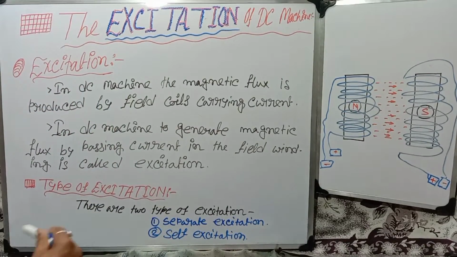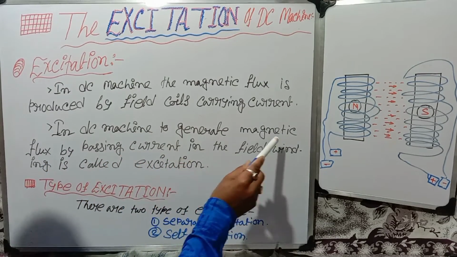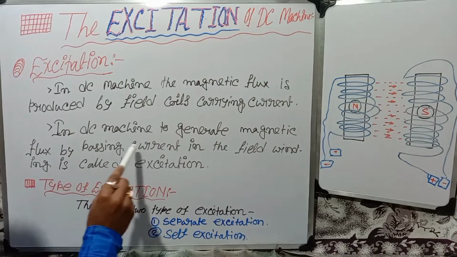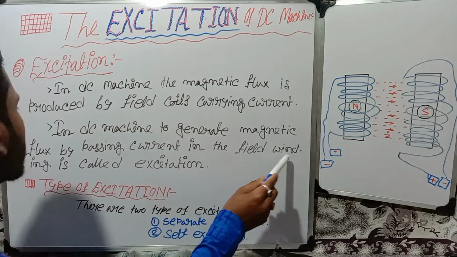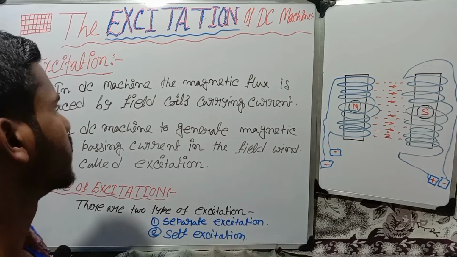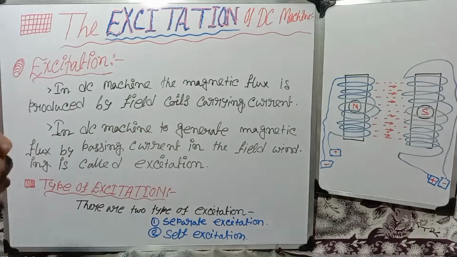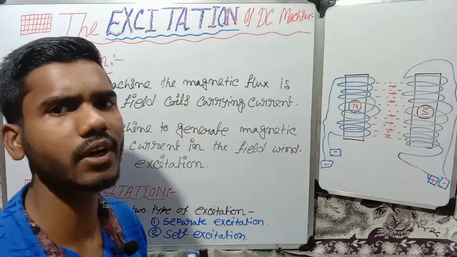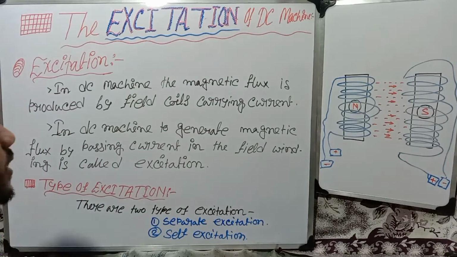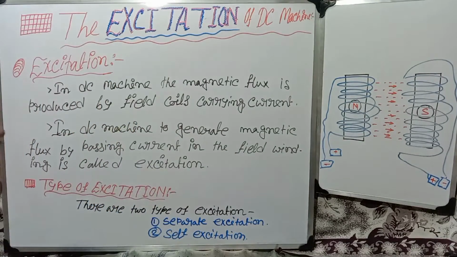Generating magnetic flux by passing current in the field winding is called excitation. That means in DC machine, to generate magnetic flux, we are passing current in the field winding. This process is called excitation of DC machine.